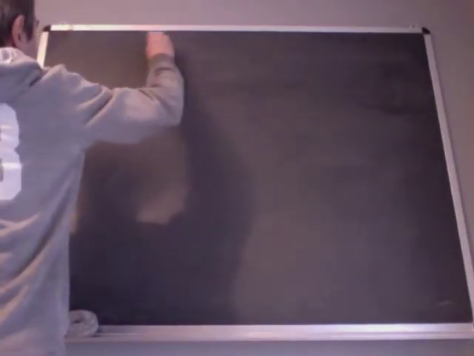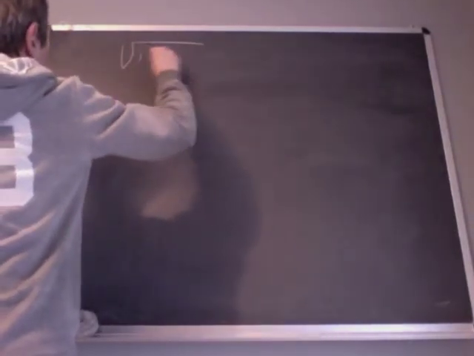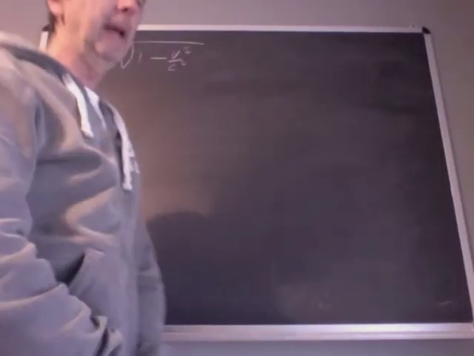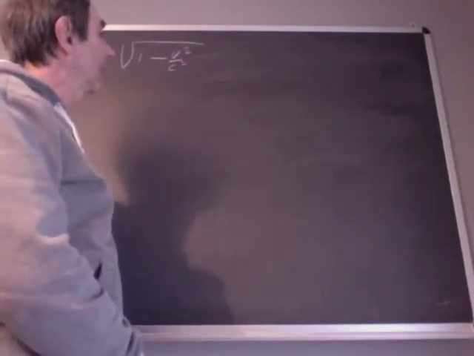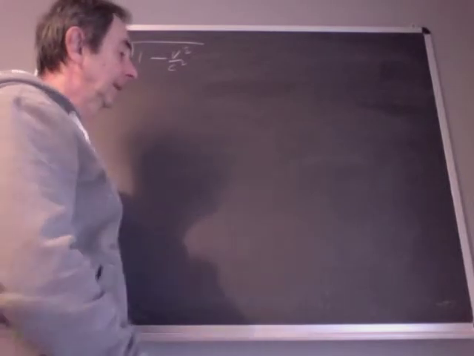So, as we have seen in the previous lectures, the most important factor is just the Lorentz factor, that is the square root of 1 minus v squared over c squared. All the transformations of space and time are obtained using this factor.